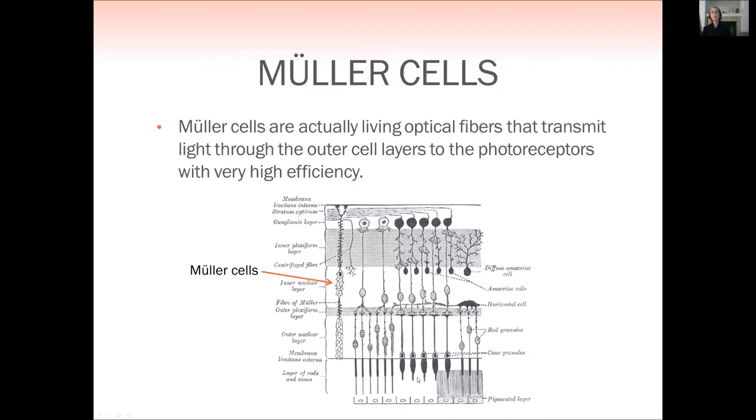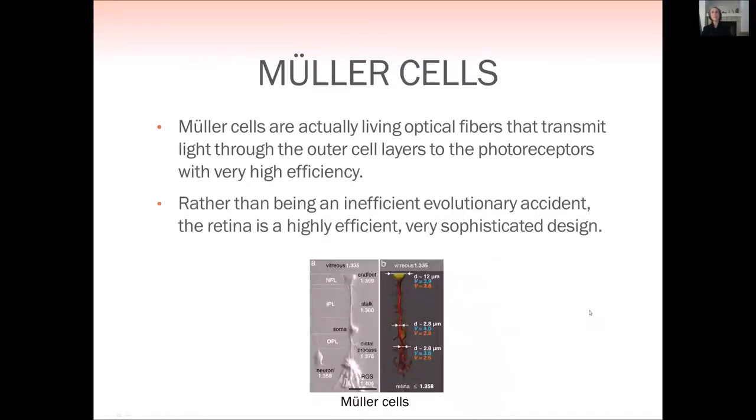And this transmission is highly efficient. And so this is not an inefficient evolutionary accident. Instead, the retina is an incredibly sophisticated design that transmits light in a highly efficient manner through these Muller cells, these living fiber optics.